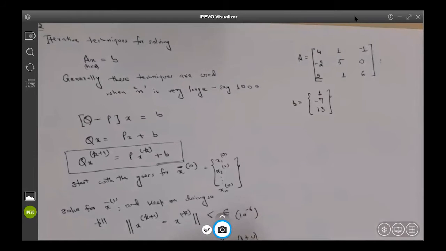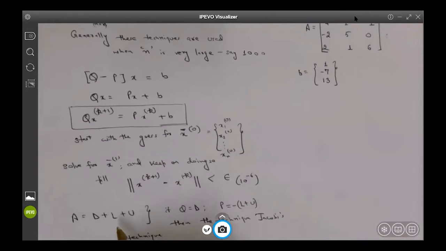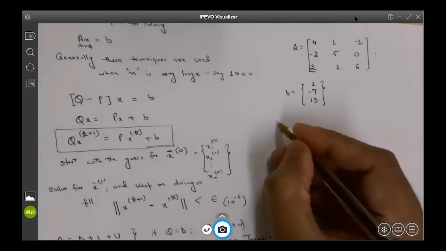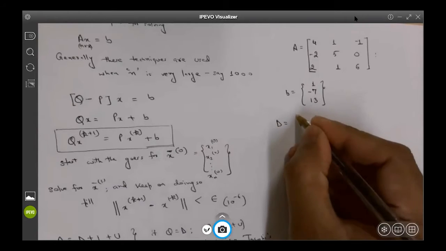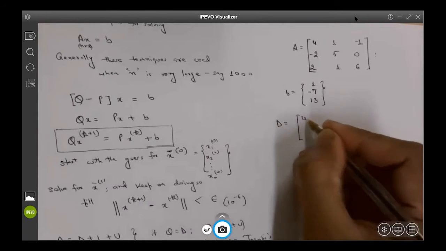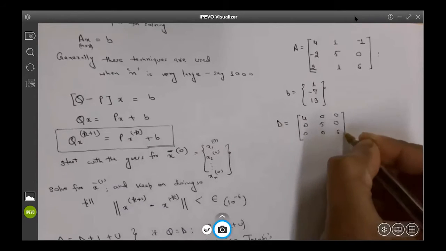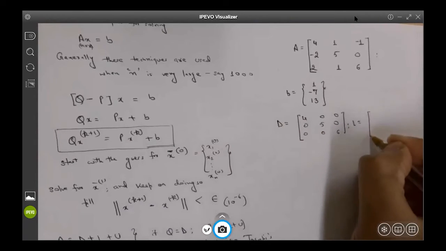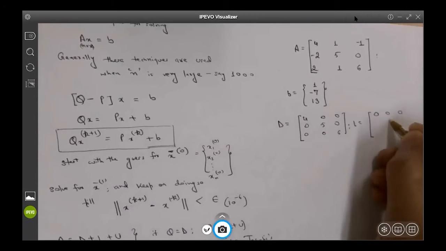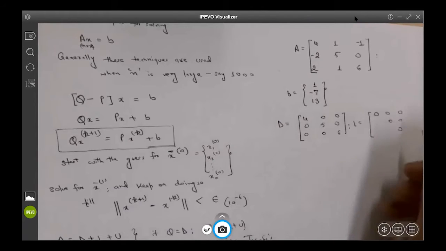So A was split as D plus L plus U, and you know what the D matrix and L matrix are. D is basically 4, 0, 0, 0, 5, 0, 0, 0, 6. L matrix would be 0, 0, 0, 0, 0, 0, and then negative 2, 2, and 1.